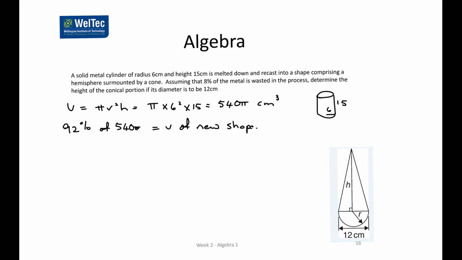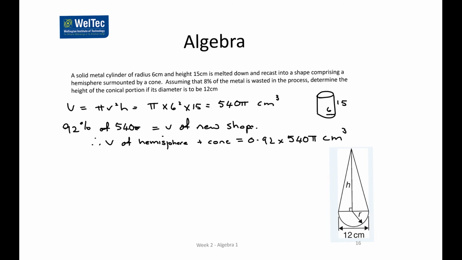So that's the volume of the hemisphere plus the cone. So whatever that is, 0.92 times 540 pi. Okay, these are some basic things that you know.